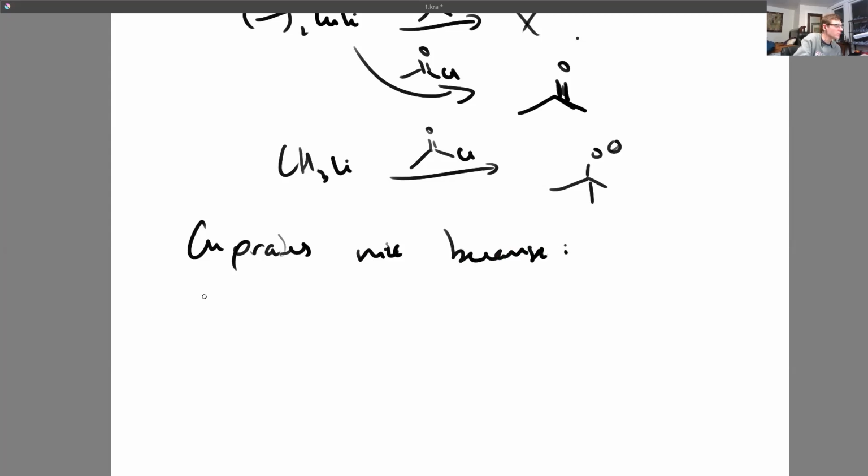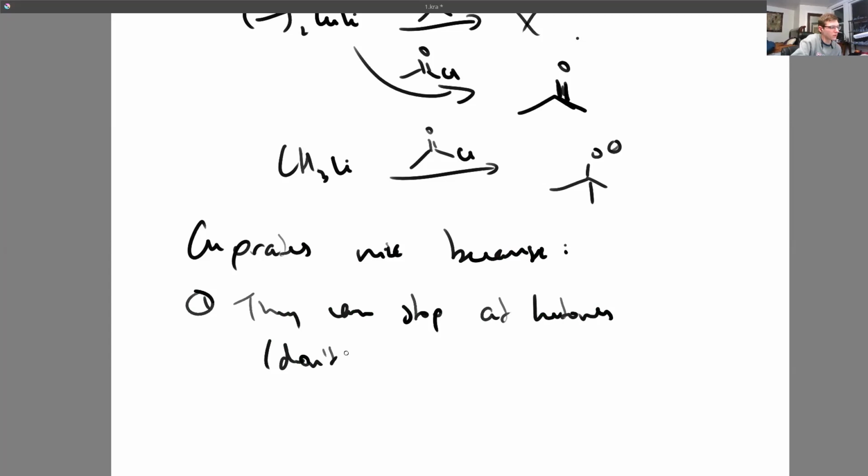The cuprates are nice because they can stop at ketones. Or they don't make tertiary alcohols.